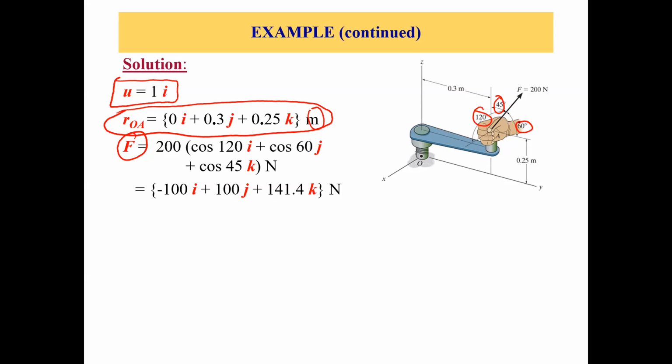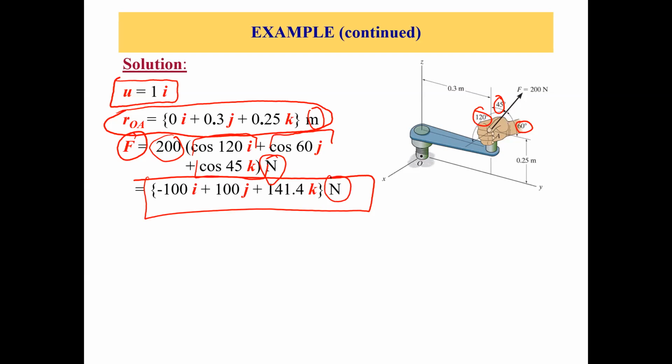So we can use the cosines of these angles to find this force in Cartesian vector form. We do 200 times cosine 120 i, cosine 60 j, plus cosine 45 k, for the x, y, and z directions. Newton is the unit of force. So we get this as the force vector in Cartesian form: negative 100i plus 100j plus 141.4k newtons.